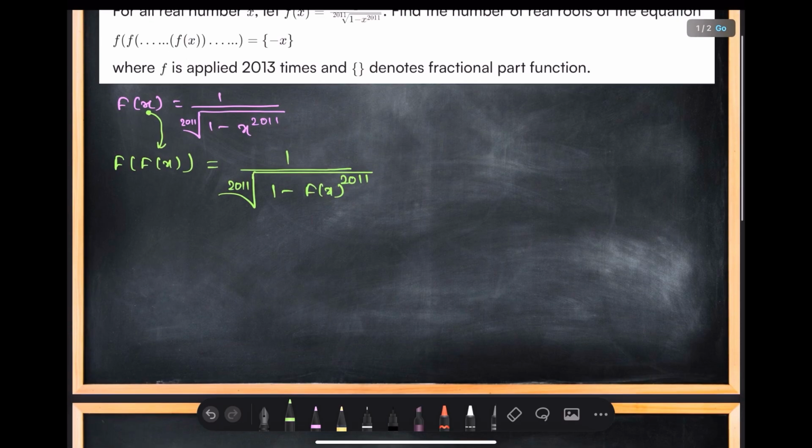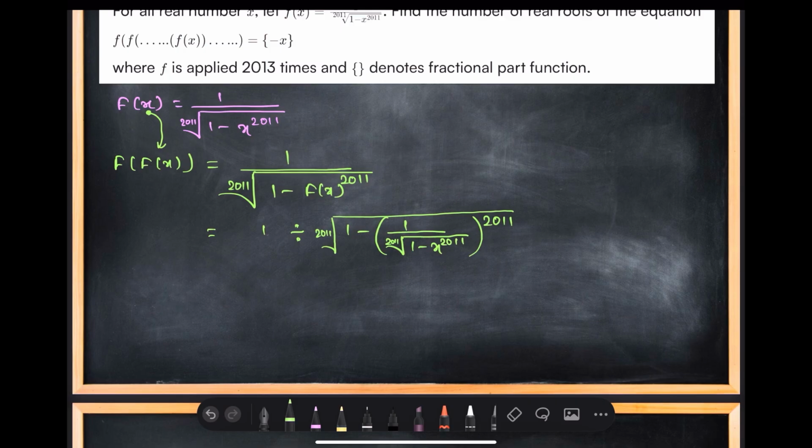Now let's simplify this thing. Can I write this as 1 divided by, if you have to write something by something, always write this way, because this reduces the chances of making mistakes. So it is the 2011th root of 1 minus f of x. Who is f of x? f of x is 1 by the 2011th root of 1 minus x power 2011, and this carries power 2011.